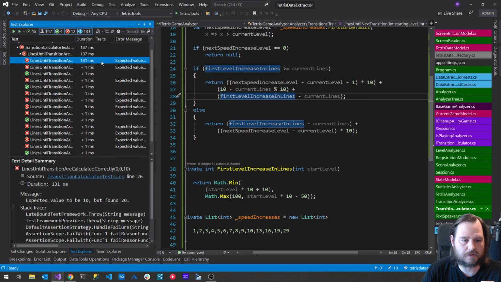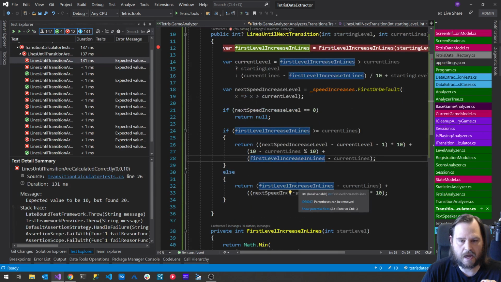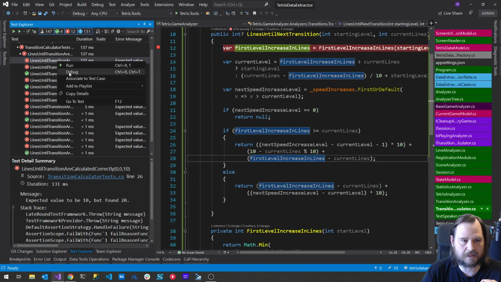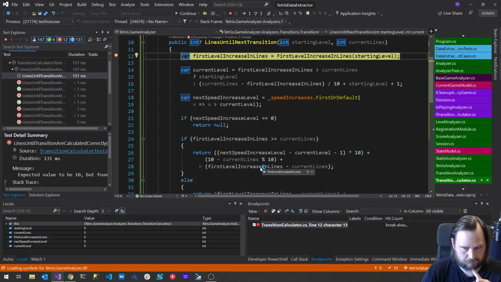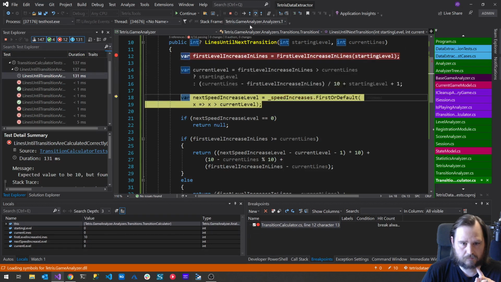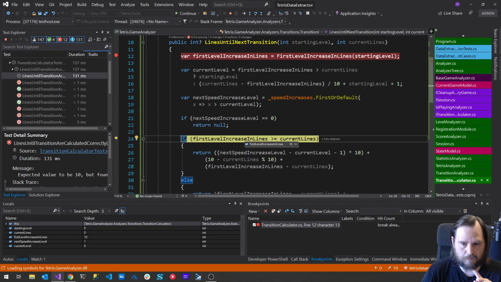Wow, that's pretty interesting. Found 20. If you're starting on level 0, we expect it to be 10. Yeah, I do expect it to be 10. Current level is 0. Next speed increase will happen at 1. So 10 lines.